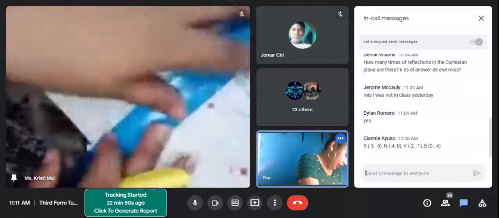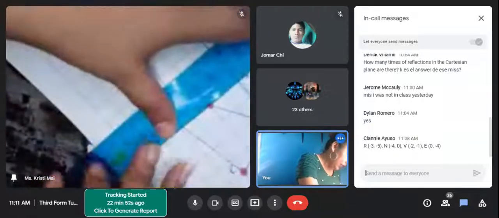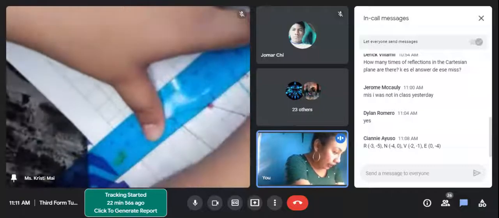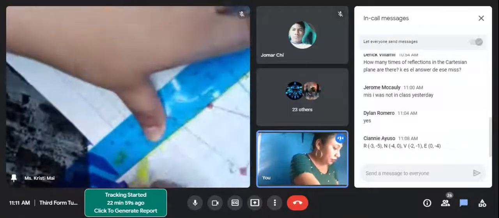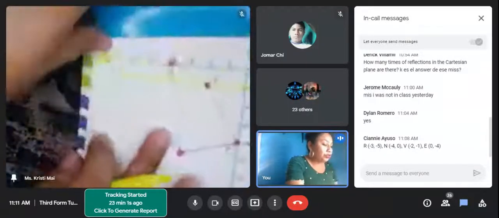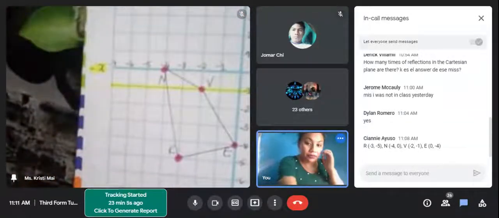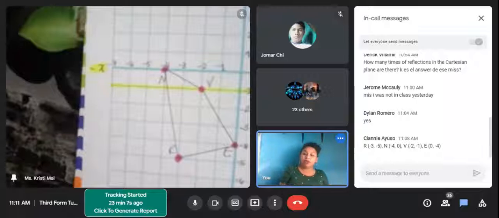And that line is right here. On the y-axis, I am going to find negative 1, and I'm going to draw my line of reflection. So I need to reflect this image across that line.